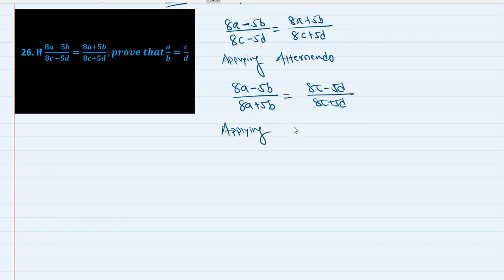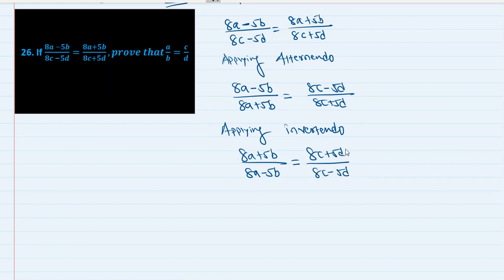Applying invertendo, I'm going to get 8A plus 5B upon 8A minus 5B is equal to 8C plus 5D upon 8C minus 5D.